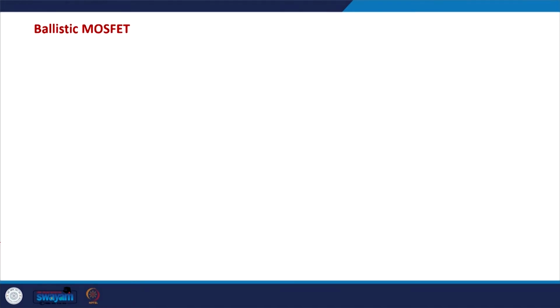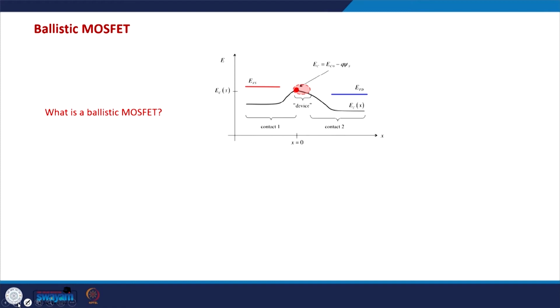Now, using the ideas from the Landauer model of transport, we will try to understand the ballistic MOSFET, and the first question that we ask is, what is a ballistic MOSFET? I guess by now it should be clear that a ballistic MOSFET is a MOSFET in which there is no scattering in the channel, which means that the electron which enters the channel from the source side directly goes to the drain side.